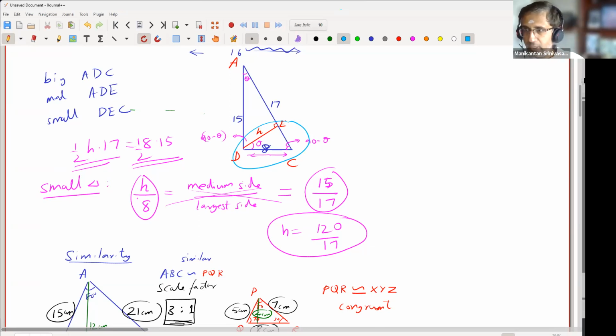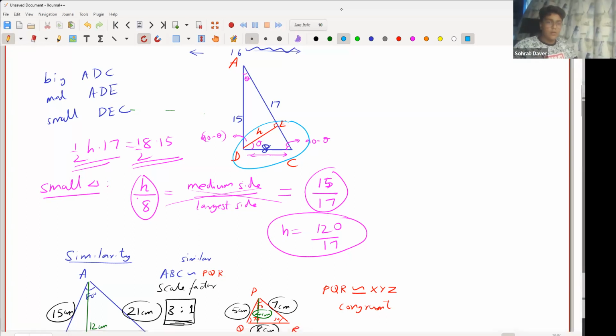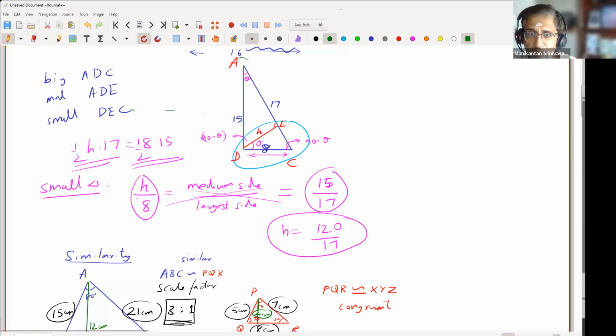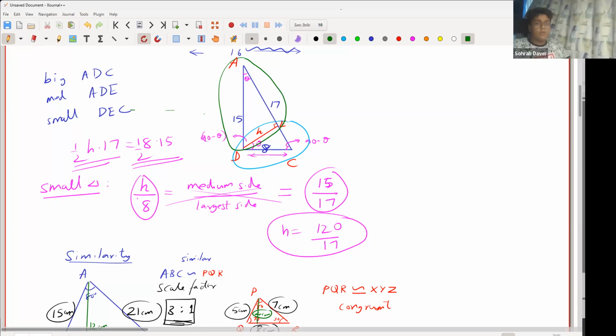If I look at that ratio, I compare with the big triangle, where all three sides are known, 15 by 17. I'll use that and just compare. Does it make sense? Yes. Another way to look at the same thing, let me focus on the medium triangle instead of the small triangle, because there also H is unknown, 15 is known.